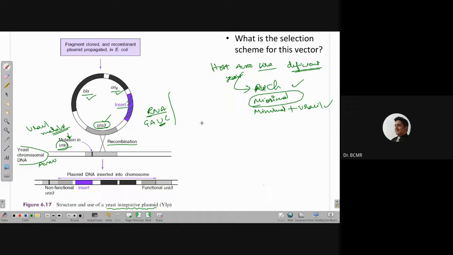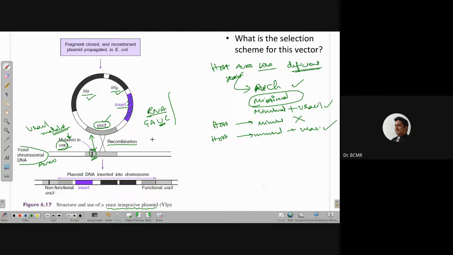When we say homologous sequences, that means they have a lot of sequence similarity between the two, with a small difference here as well. So if I take the host and grow it in minimal media, it will not grow. If I take the host in minimal media plus uracil, then it will grow.